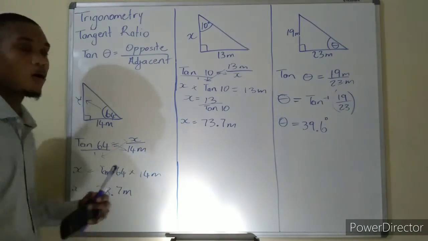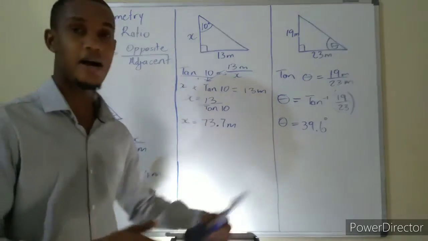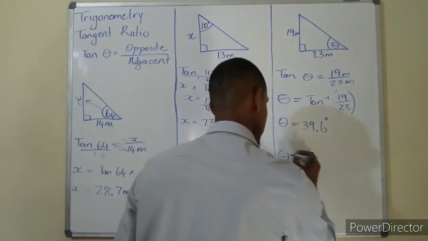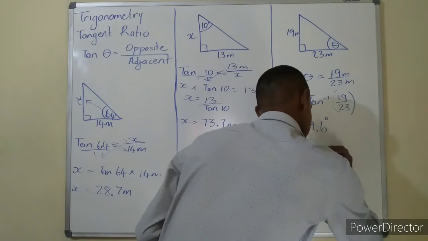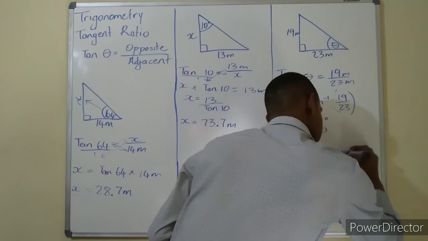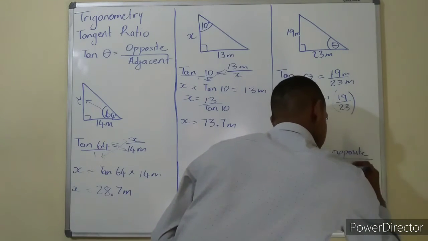So these are how you work out tan theta. Once you want the angle, theta will always be equal to the tan inverse of the opposite side divided by your adjacent side.